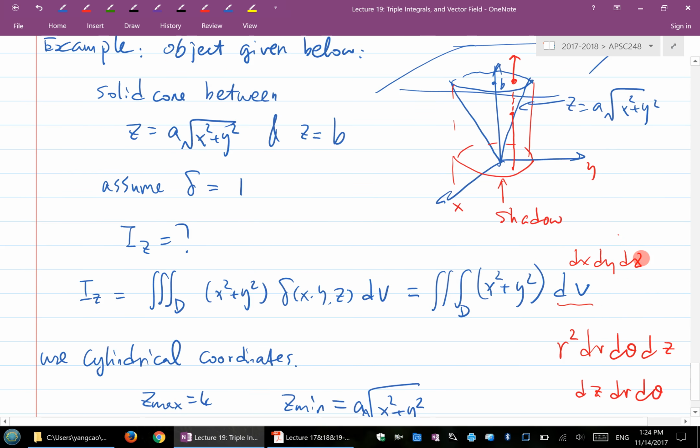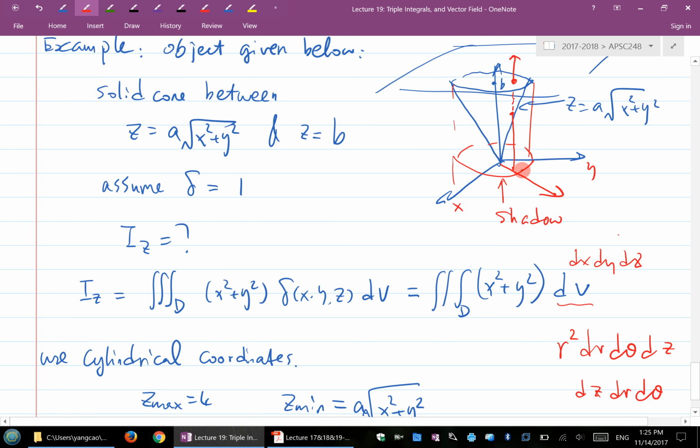Okay. So once you finish the first step, you try to find the r and theta limits using the shadow. The shadow basically means you draw an arrow line across the shadow. First contact gives you the r min. Second contact gives you the r max.